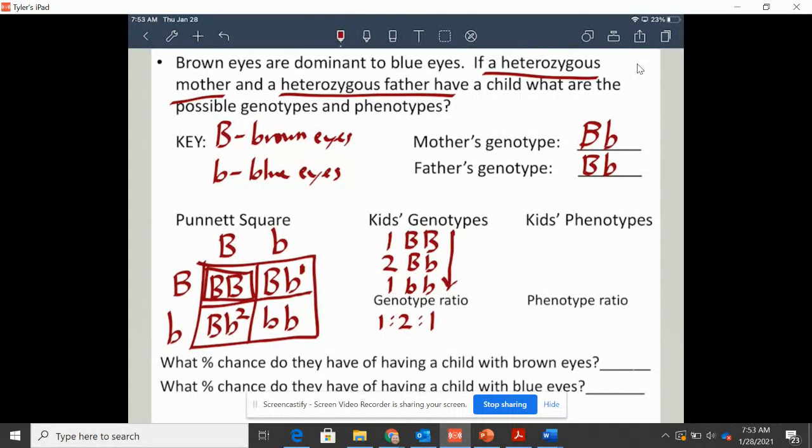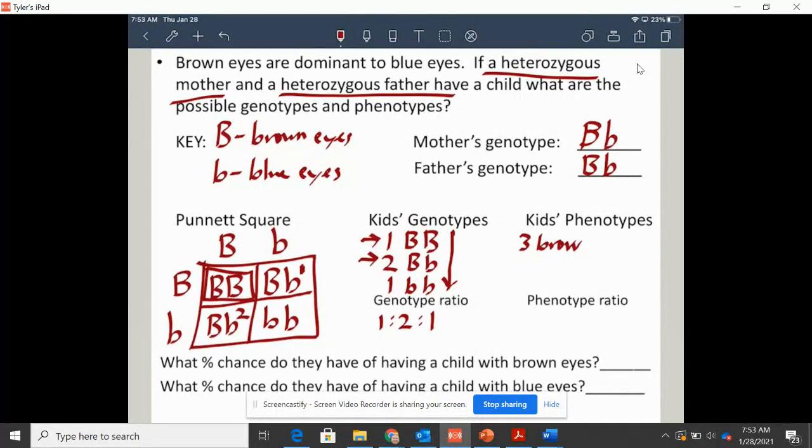My phenotype, or how my kid's going to look, well, these first kids, they have a capital B and a capital B. They're definitely having brown eyes. These two kids here, or these 2 possibilities, right? Remember that capital B is going to cover up that lowercase b. Well, that's going to total then 3 with brown eyes. It's kind of like in math where you have to simplify.